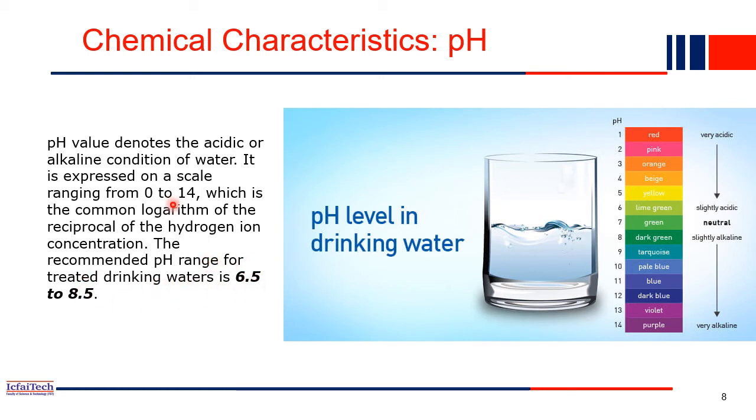The pH value denotes whether the water is acidic or alkaline in nature. Water should not be too acidic, nor too alkaline. So the actual range should be 6.5 to 8.5 for drinking purposes, as per our Indian standard. We know how to find that. We performed this experiment during our first year chemistry classes, and also performed the pH calculation.